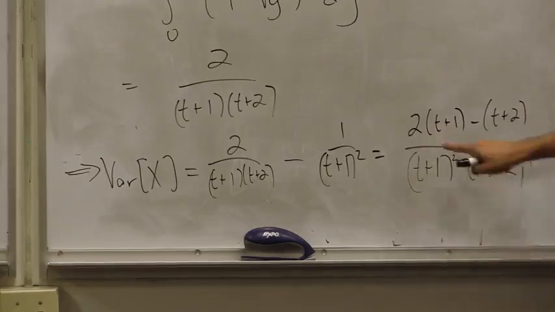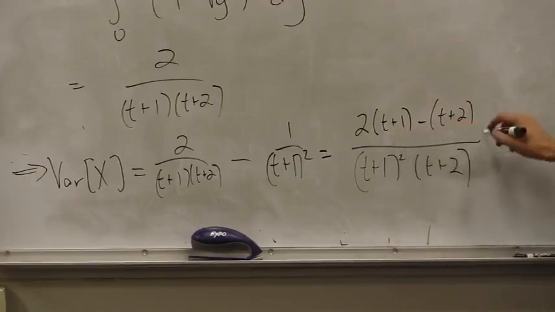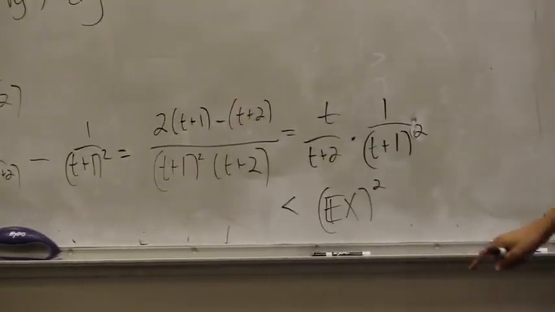The numerator is 2t plus 2 minus t minus 2. So this is exactly equal to t over (t plus 2) times 1 over (t plus 1) squared. Okay. And really the takeaway is that t over (t plus 2) is less than 1. So this is less than the expectation of x, squared. Right? The expectation of x is 1 over t plus 1. Here we have 1 over (t plus 1) squared times something less than 1.